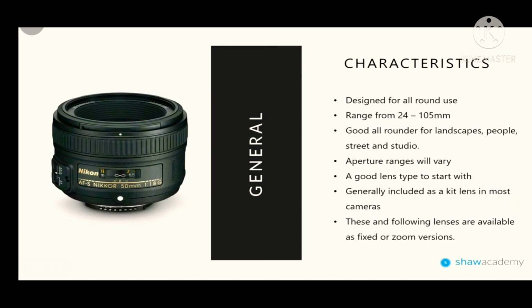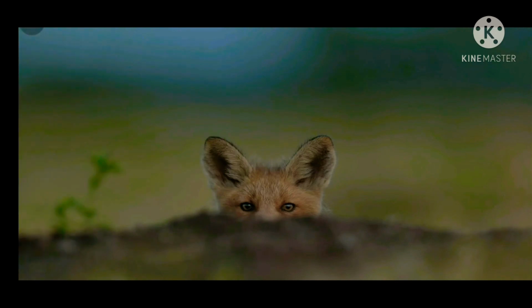And of course, they're available as fixed or zoom versions. So you can get general purpose lenses like a 24 to 105, or you can have a fixed version like a 50 millimeter or 40 millimeter, or a 70 millimeter, and so on. So there's a big range there available, all available as either zoom versions or as fixed versions as well.